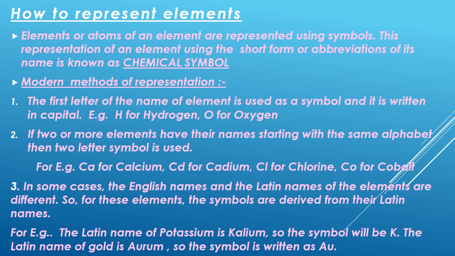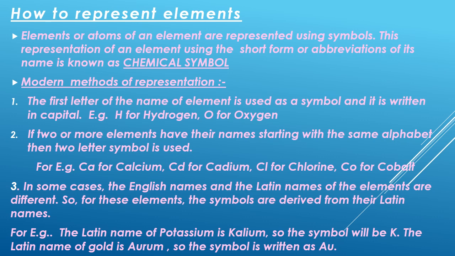Ca will be used for calcium. For cadmium, since Ca is already used for calcium, here we will use Cd. For chlorine, Cl. Cobalt, Co.